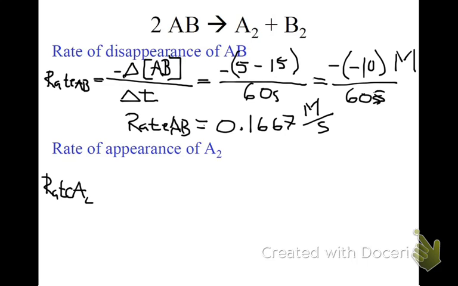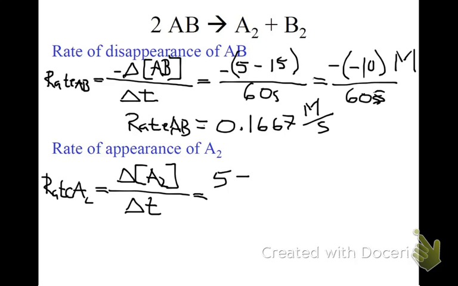So we're going to say that the rate of A2 is going to be equal to the change in the concentration of A2. No negative, because in this case it's appearance, so it's going to end up being positive anyway. Final minus initial, so we ended with 5 molar and we started with 0, so 5 minus 0, and it also took place over 60 seconds.